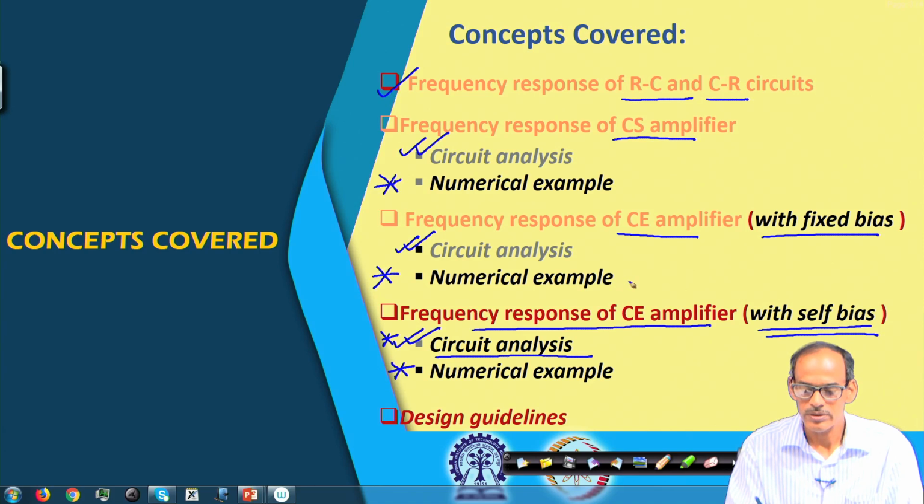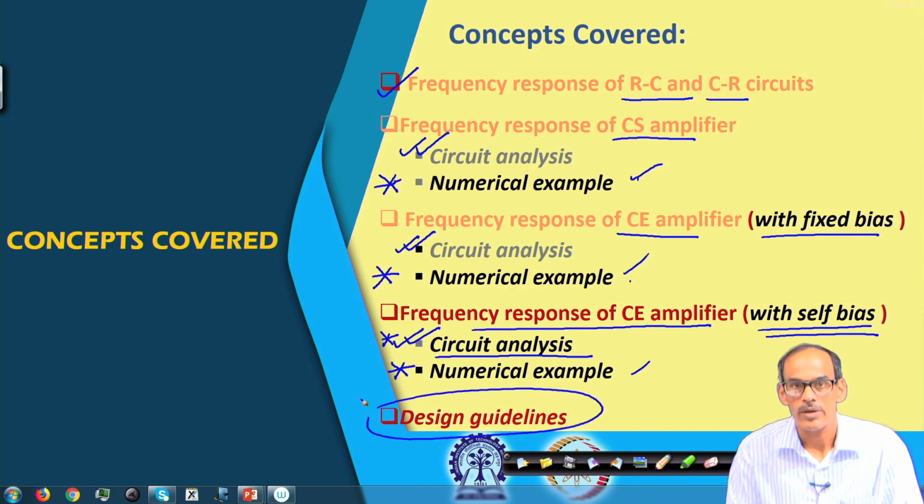From these numerical examples, we will get an idea of how to select the value of different capacitive components in the circuit. In fact, that will give us some design guidelines.